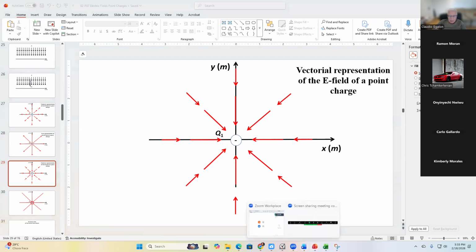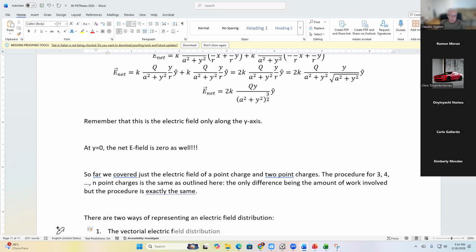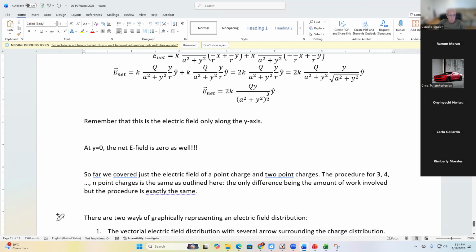And I'm going to write it down. There are 2 ways of graphically representing an electric field distribution.